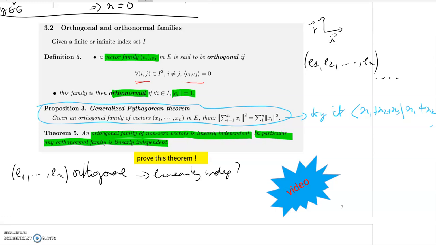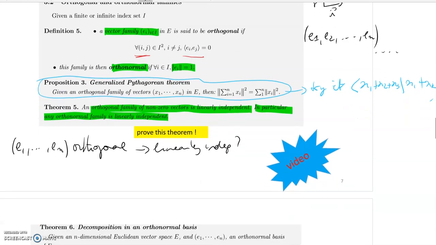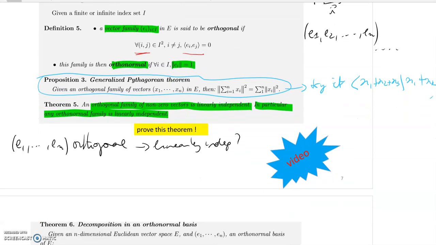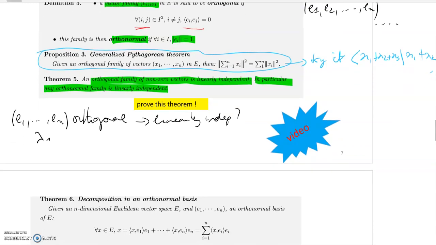Okay, so what do we want to prove? We want to prove that if we take a linear combination of this family, lambda 1 e1 plus lambda 2 e2 plus lambda n en, and it's equal to 0, does it imply that all the lambda k's are equal to 0 for k equals 1 to n?